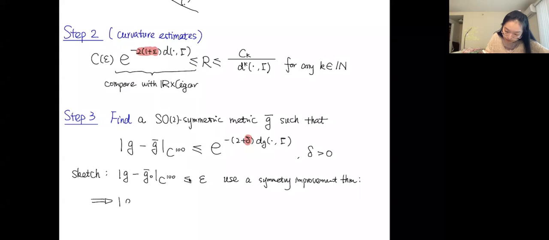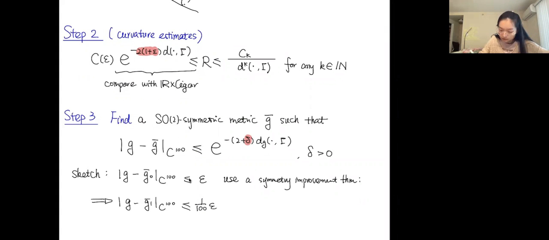I'll be able to deduce that the following is true. I'll get another approximate metric G1 bar, so that it achieves a better approximation on some even more interior regions.